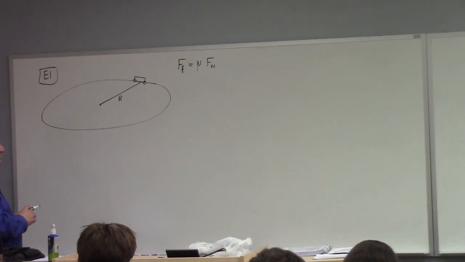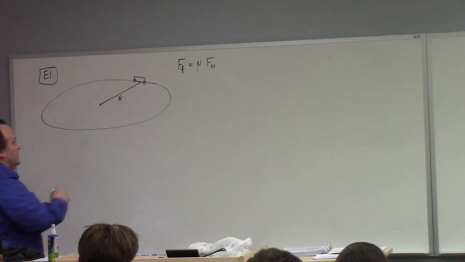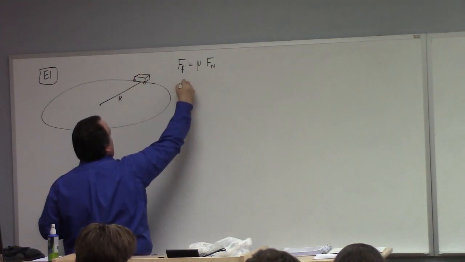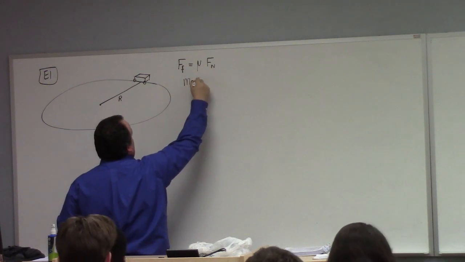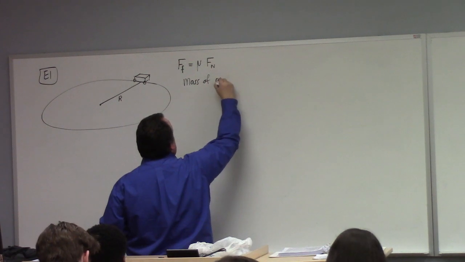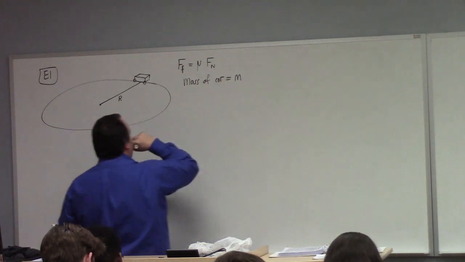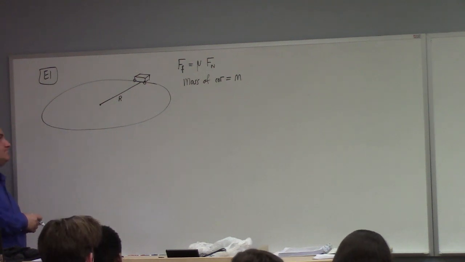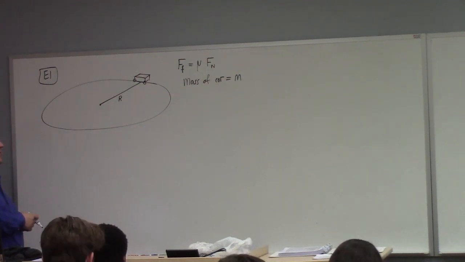Now, the question is, and let's suppose that the mass of the car is equal to m. Then what's the situation here? Now, what makes the car go?